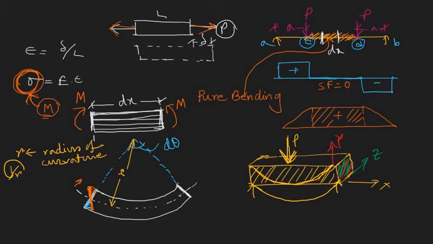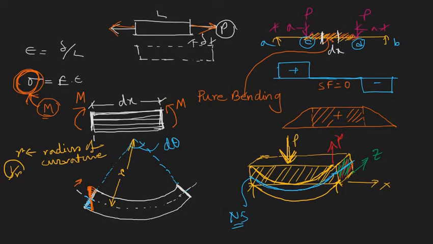In the middle there is a plane which has neither elongated nor shortened, and this plane is known as the neutral surface.